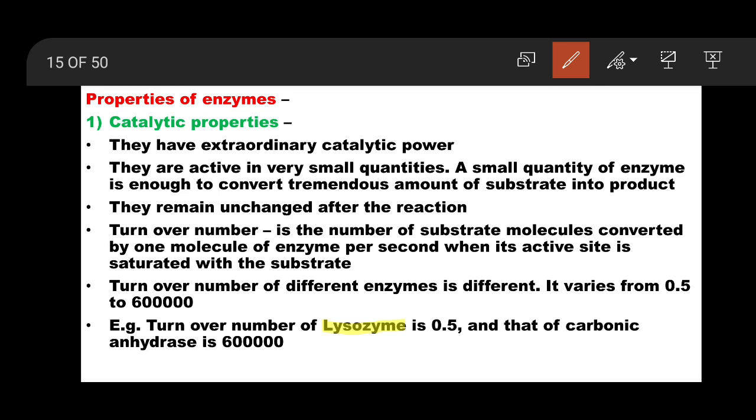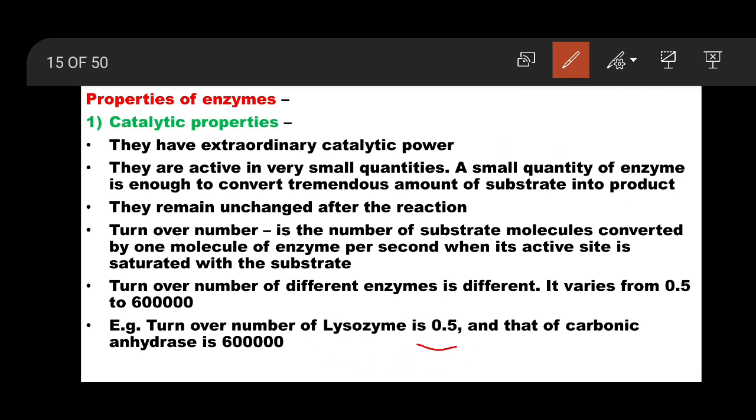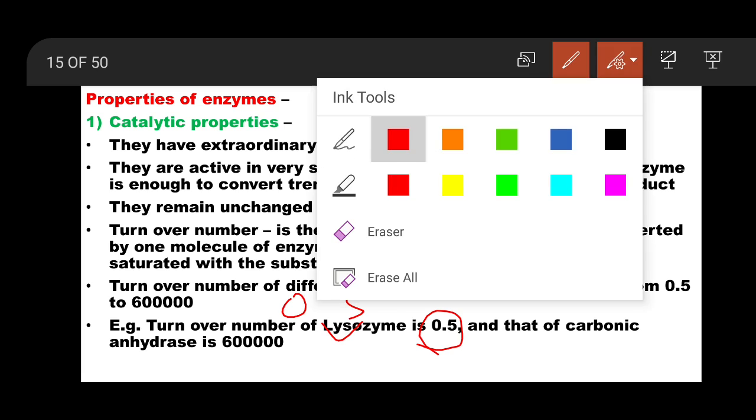Lysozyme is found in your tears, you know, tears falling from eyes. So these tears contain lysozymes and the turnover number is very, very less. 0.5 is the turnover number for this lysozyme.